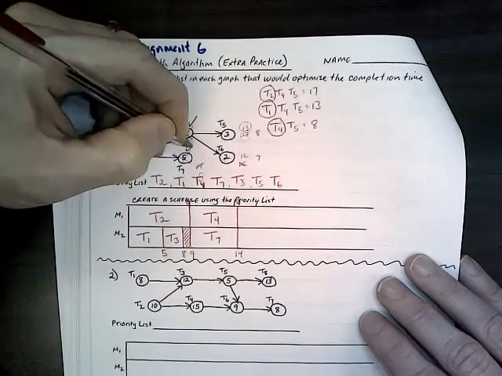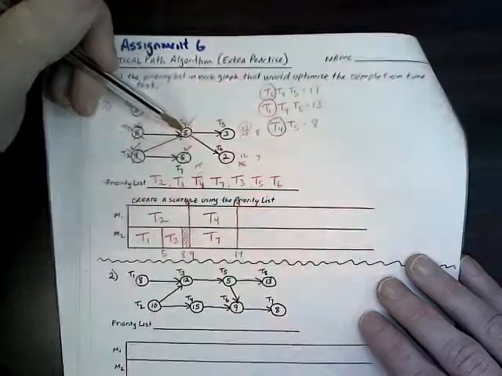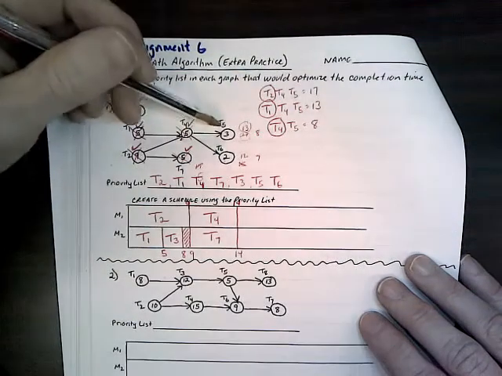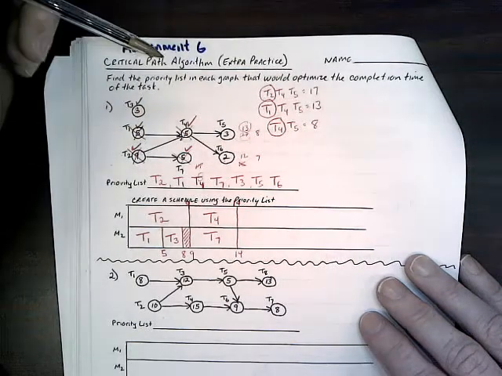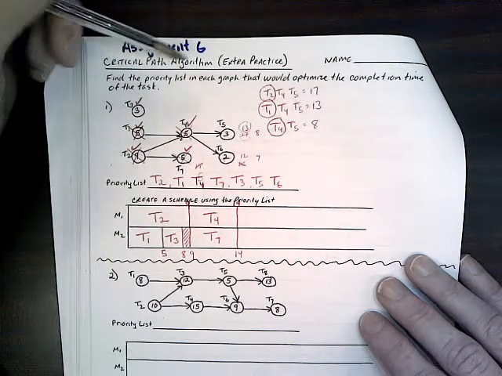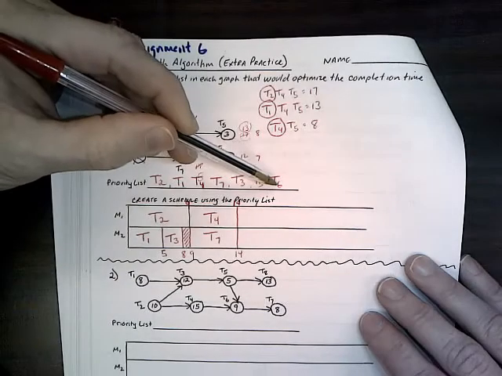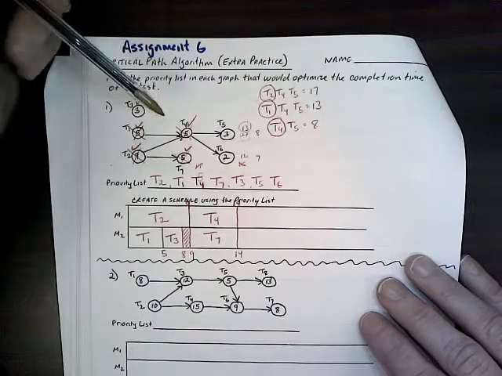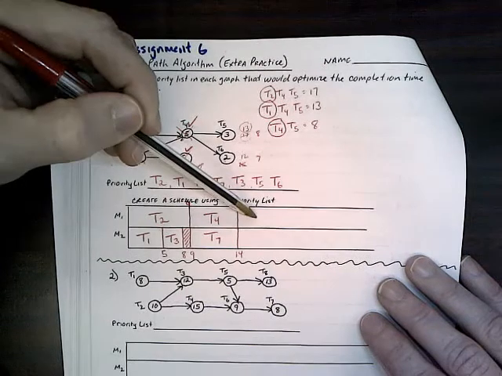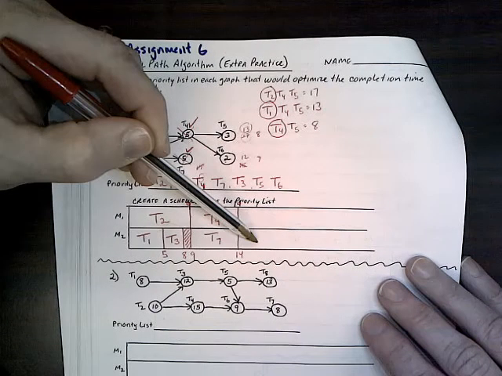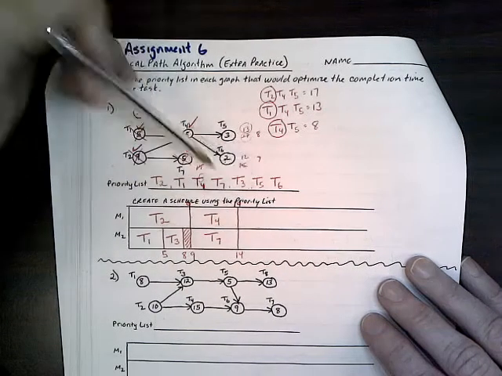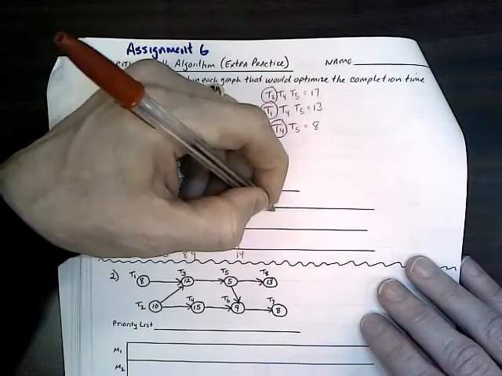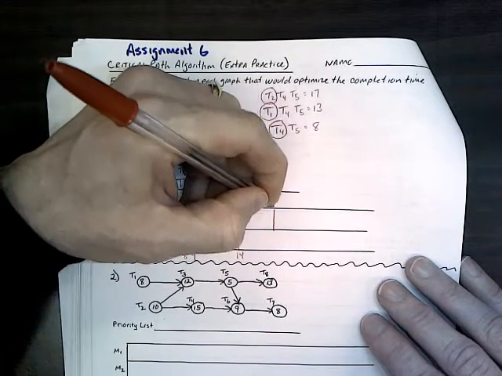Okay? So now, as soon as T4 is done, that opens up 5 and 6. All right? And according to this, 5 has priority over 6, which simply means that 5 is going to get the top machine and 6 is going to get the bottom machine. So 5 is 3 minutes long. 14 plus 3 brings us to 17.